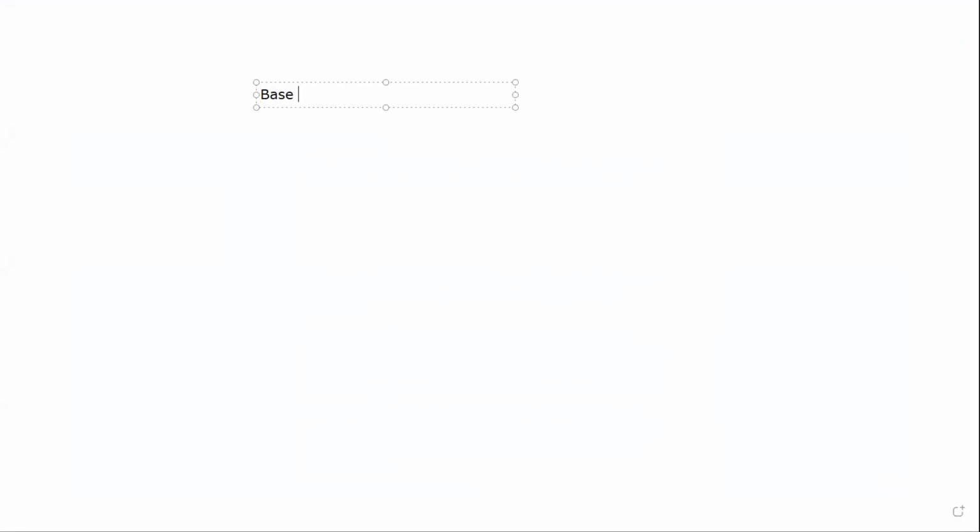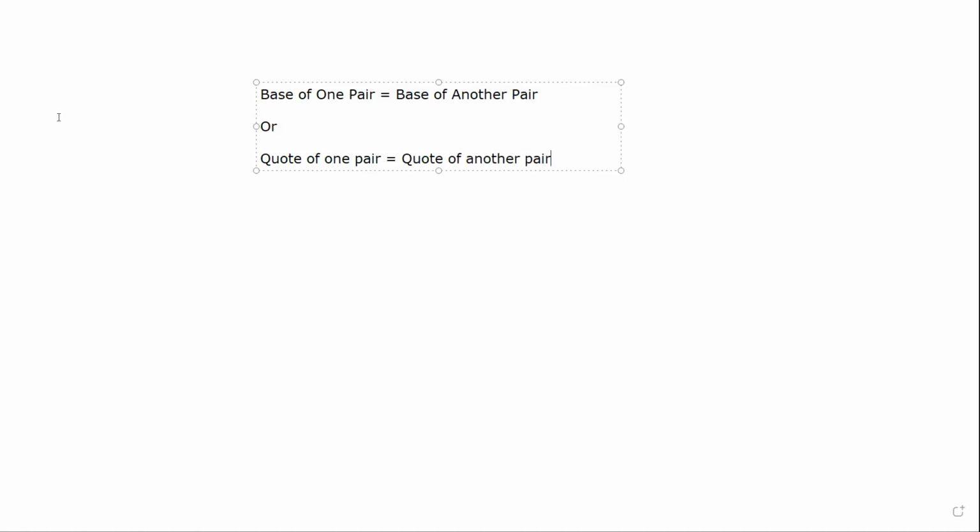When the base of one pair is equal to the base of another pair, or the quote of one pair is equal to the quote of another pair, then in such a situation, what are we going to have? We're going to have a positive correlation.